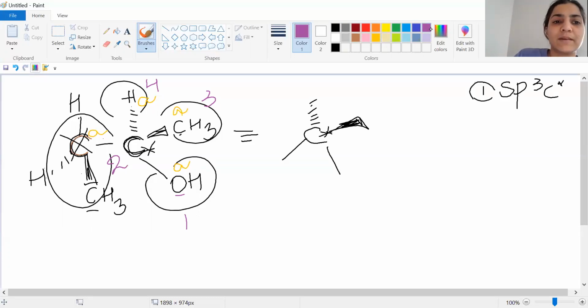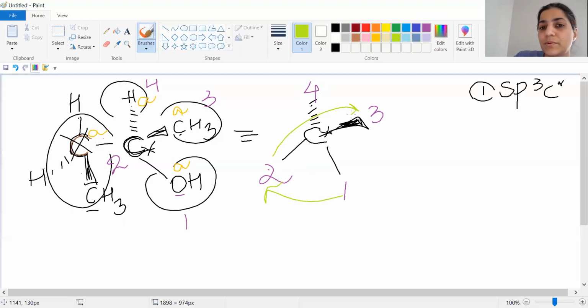And I'm just going to write my priority numbers. I will hold down my number 4 or just ignore it. Go to 1, to 2, to 3, which is a clockwise kind of a motion. And so I will label this carbon as my R group.